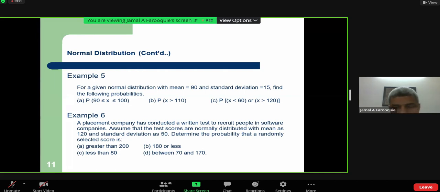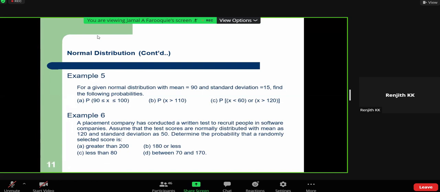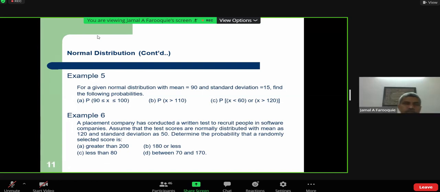There will be two values of z here, since we have two values of x, 90 and 100. Therefore two corresponding values of z, Z1 and Z2. So find out Z1 and Z2. Z1 will correspond to 90 and Z2 will correspond to 100.